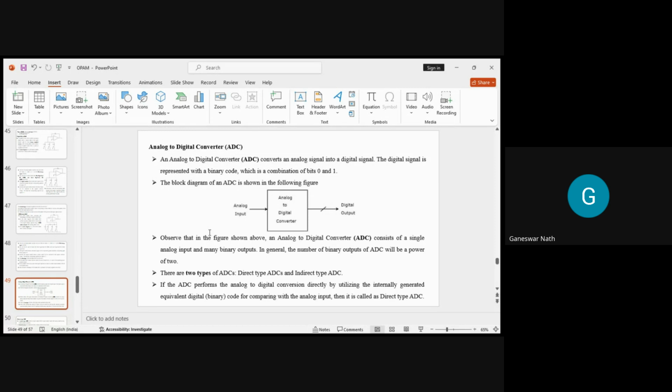An analog to digital converter, ADC, converts the analog signal to a digital signal, and the digital signal is represented with a binary code, which is a combination of 0 and 1. This is the block diagram.